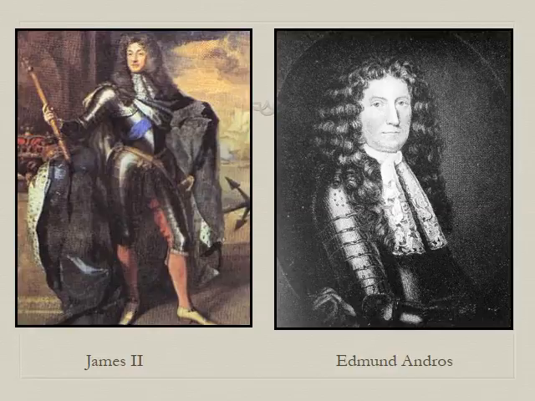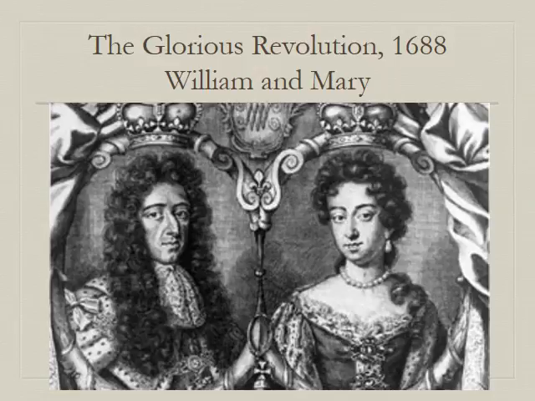However, the colonists are going to get really lucky here, because 2 years after Andros came over, in 1688, there was a revolution in England. This revolution was called the Glorious Revolution. This was a completely English affair, right, taking place in England alone, where the Protestants in the country overthrew James II and his Catholic wife because they had a son.